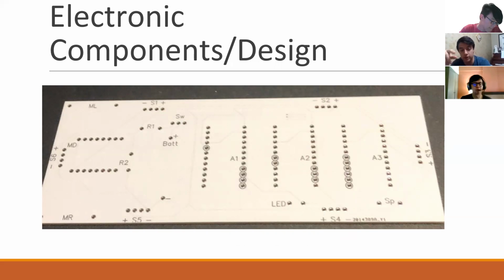You can see the battery closer to the left. You have the positive and negative terminal for the 9-volt. You have the switch right above that. You have the resistors 1 and 2. We were going to use a voltage divider circuit, but you can see in our product that it didn't come into fruition.